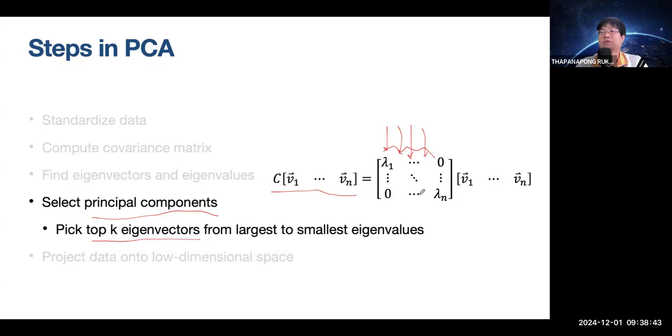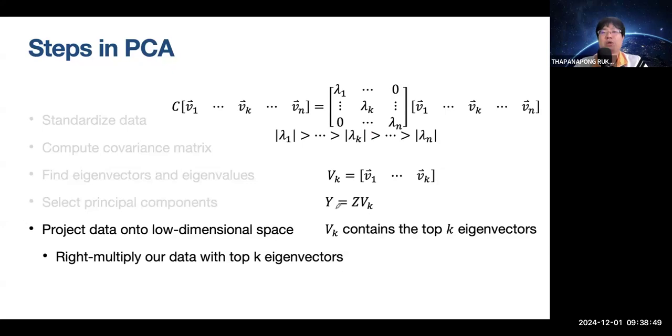And then you can do the dot product. Basically, you left multiply. So you have a lot of lambda here, you have a lot of eigenvectors here. You pick the first k columns, if you sort the lambda by its absolute value. So lambda 1 would be the highest magnitude, and then you take the k, and then you get this Vk.